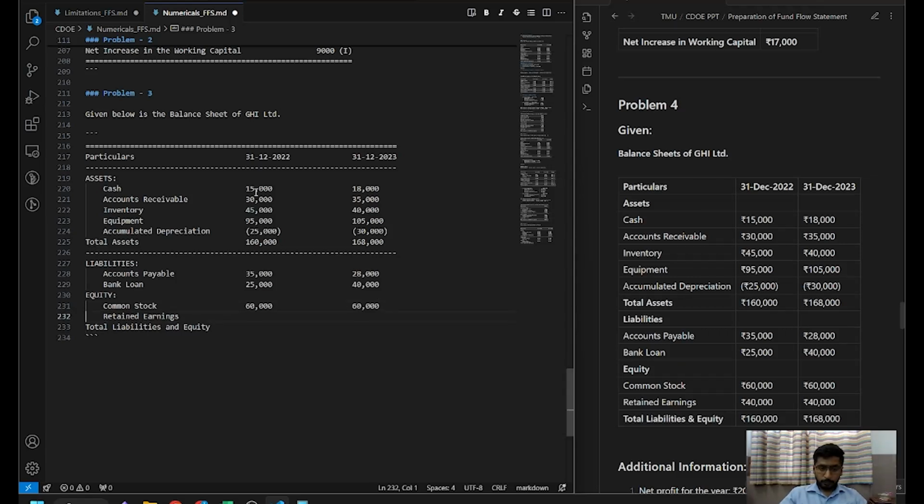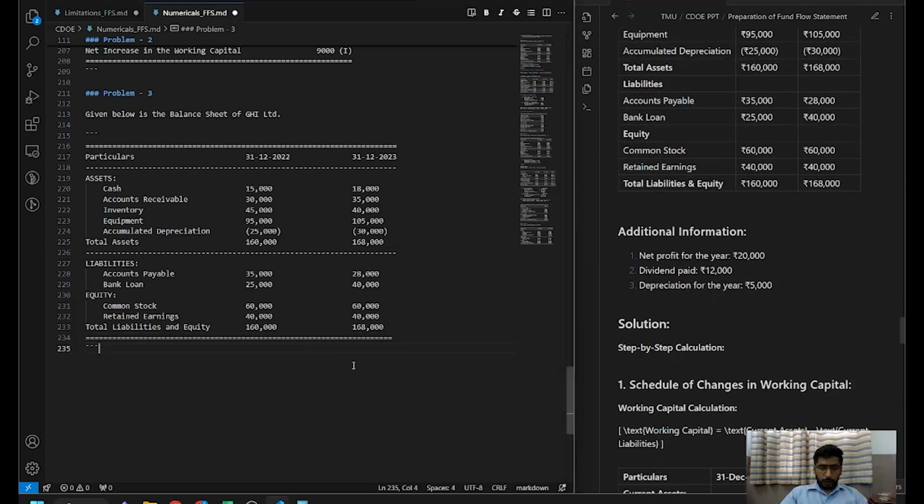Retained earnings are 40,000 for the first year, that is 2022, and 40,000 for the second year, that is 2023. Total liabilities and equity amounts to rupees 1,60,000 for the year 2022, and for the year 2023 it is 1,68,000, matching with the total assets. Okay.